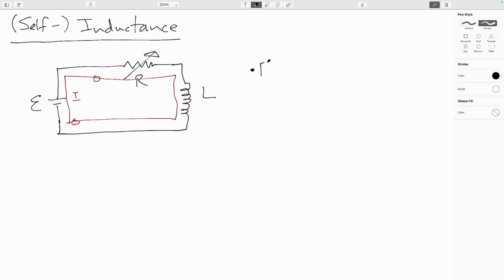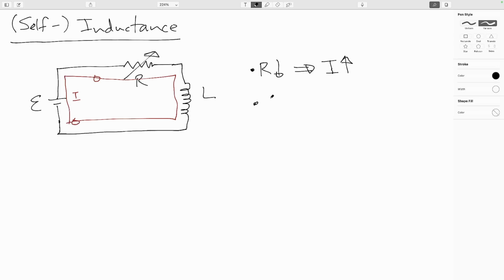So if I drop the resistance, what's that going to do to the current through the circuit? By Ohm's law, if I drop the resistance, we're going to get an increase in the current. Now, the inductor is going to have something to say about how fast that current increases.